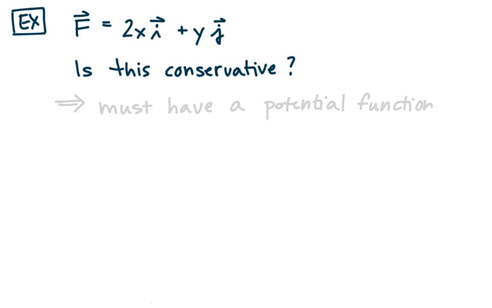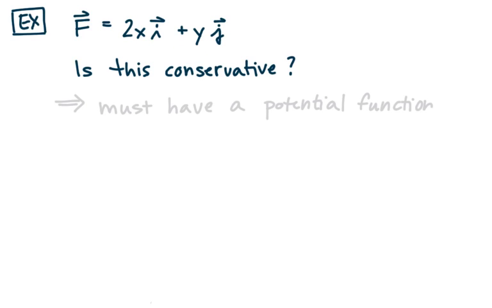So by definition, if this is conservative, there exists some gradient of little f for this vector force field. Essentially, is there some function that I can take the partial of with respect to x to get 2x? And is there some function that I can take the partial of with respect to y and get y?